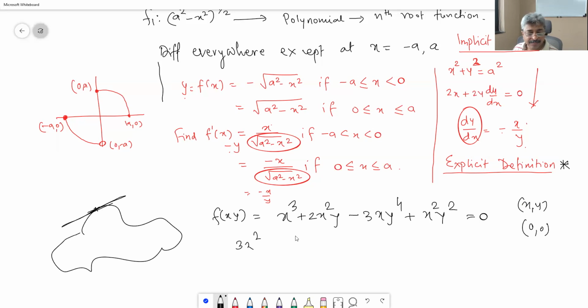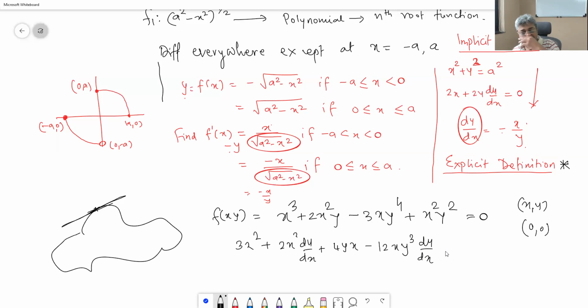3x square plus 2x square dy by dx plus 4yx minus 3, 12 xy cube dy by dx.